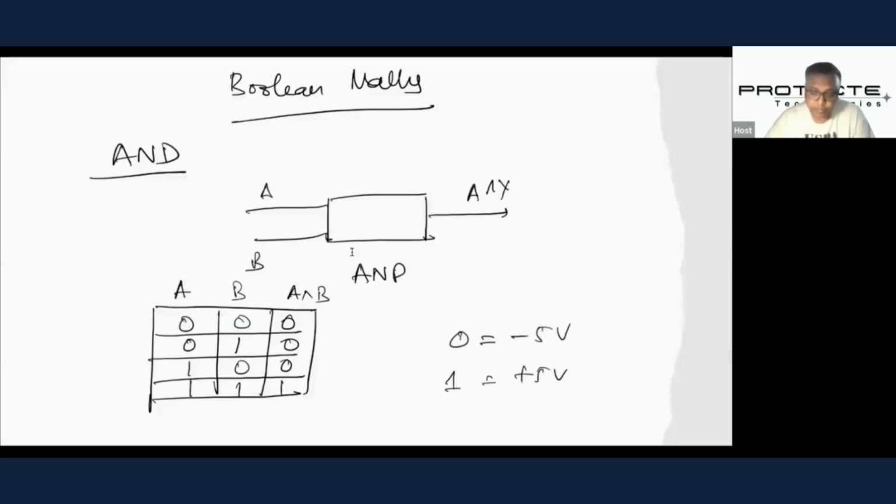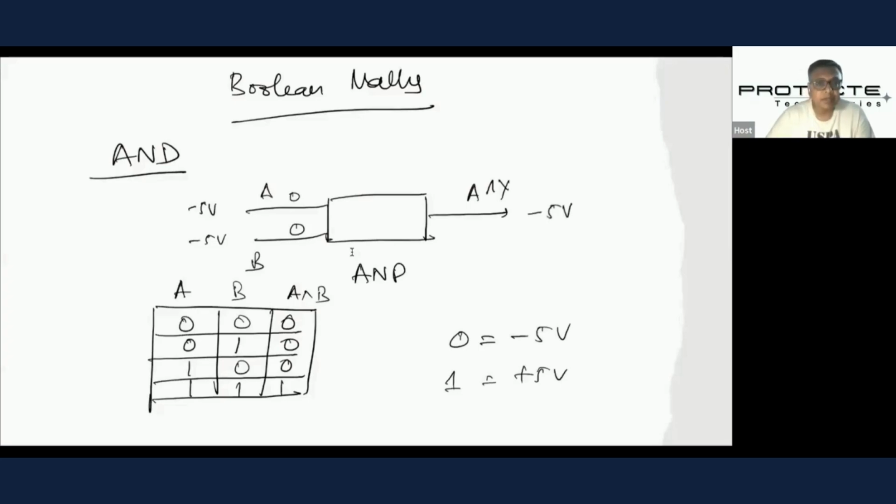Why? Because electronic systems work on voltages. So if you apply minus 5 volts here, the interpretation is that you are applying a 0. If you apply another minus 5 volts here, that is also 0. What will be the output? 0 into 0, so minus 5 volts.